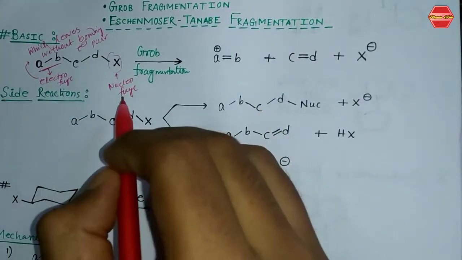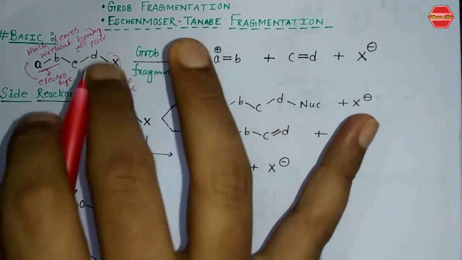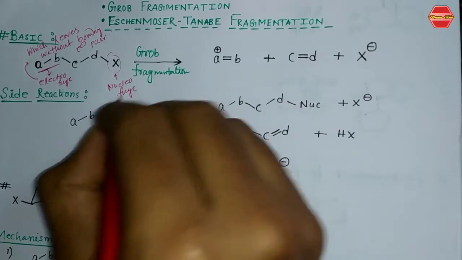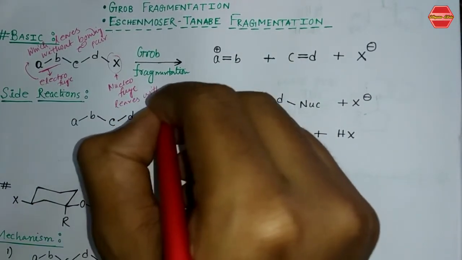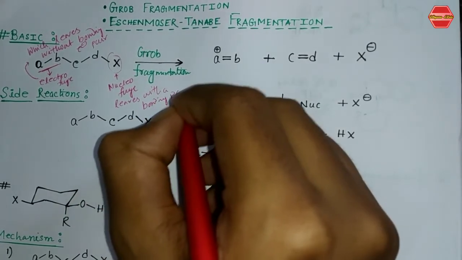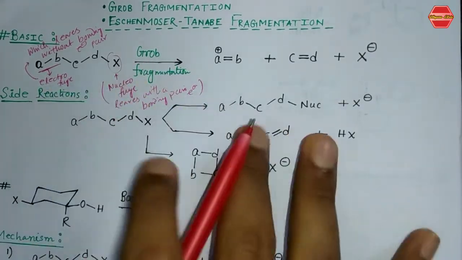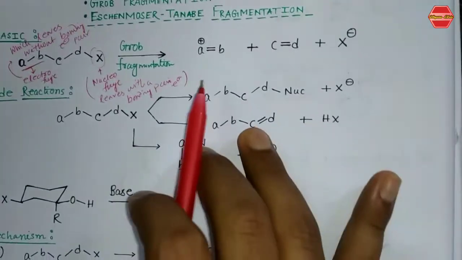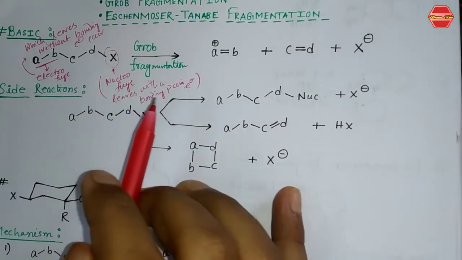And the second part, that is the nucleofuge, basically leaves with the bonding pair of electrons, right? So this is the important concept about the fragmentation reaction, and these two terms are very much important, that is the electrofuge and nucleofuge.